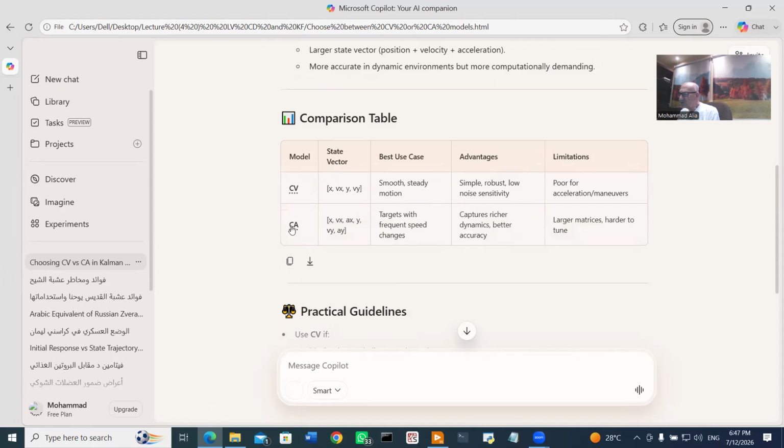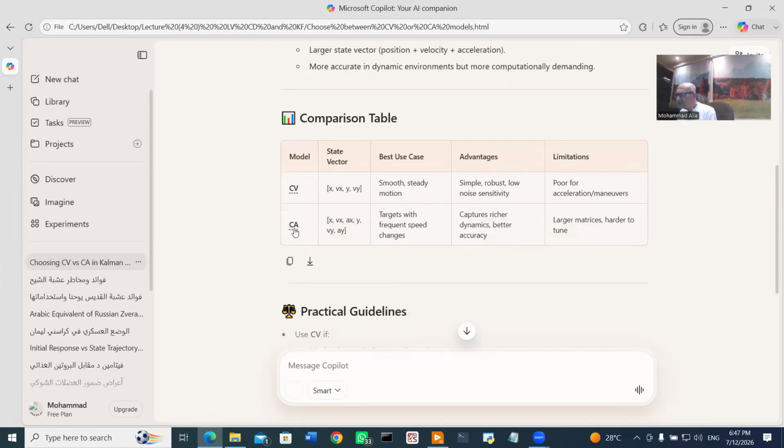The advantages of CA: it captures richer dynamics and gives better accuracy. I think this is the most important. Limitations: poor handling of acceleration maneuvers. The existence of acceleration maneuvers is the cause of the instability of the velocity, of course.